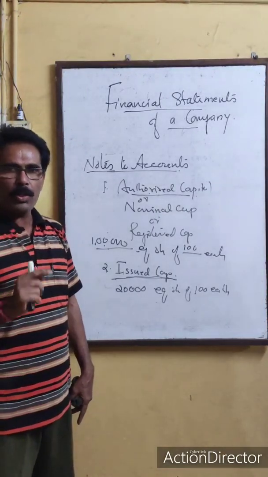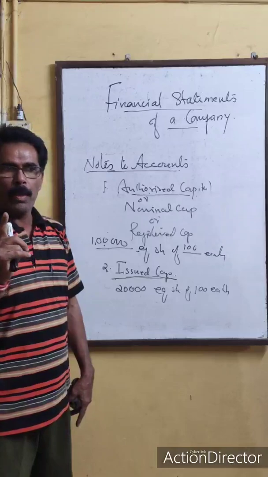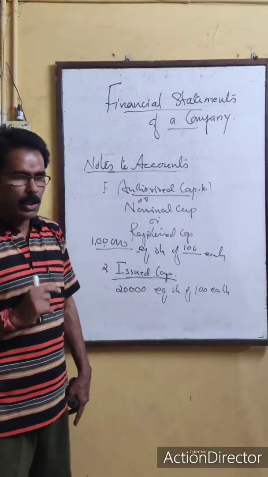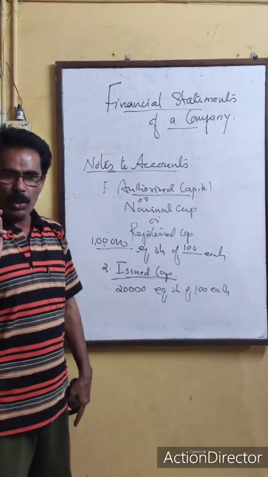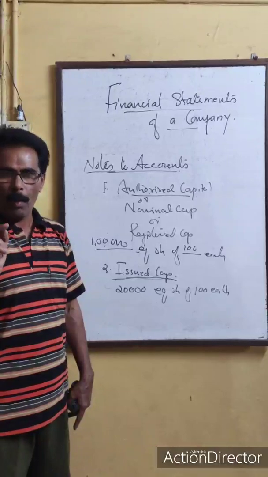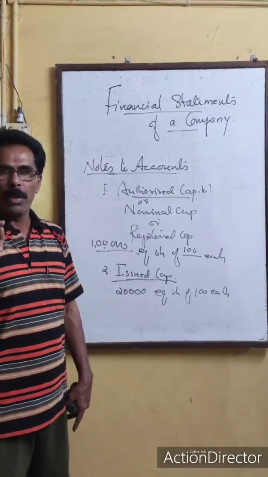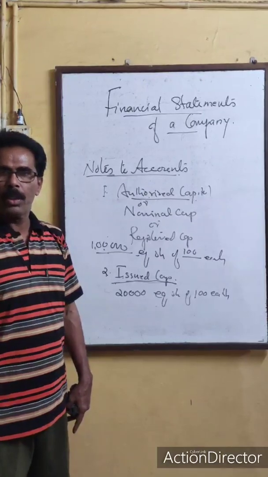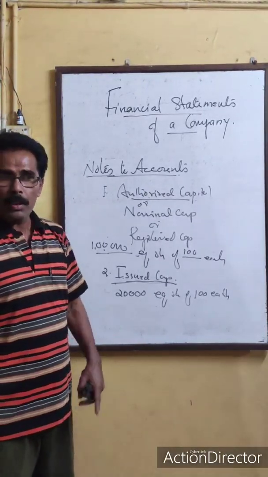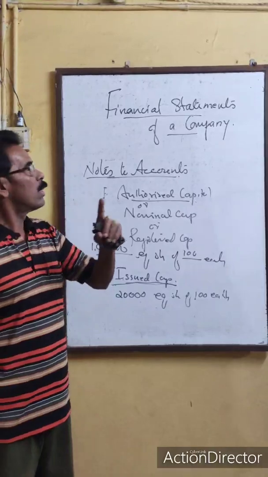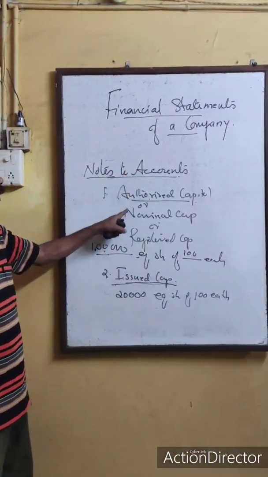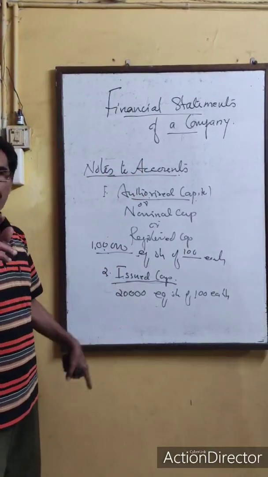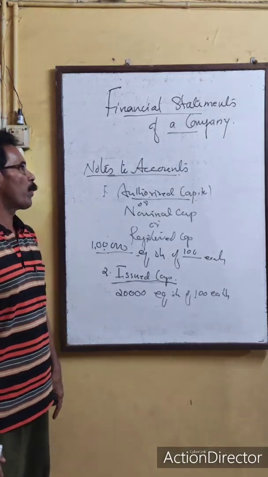In that format, the first one, do you remember, is equities and liabilities. Equities means share capital, liabilities are payable to outsiders, and shareholders' fund is share capital. The share capital amount is explained in notes to account, as I have told you in the previous video.